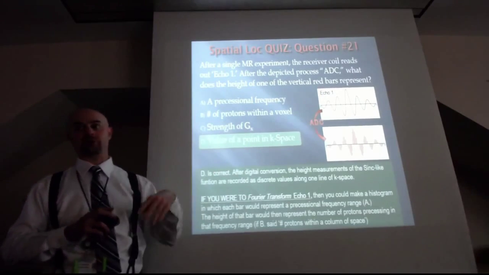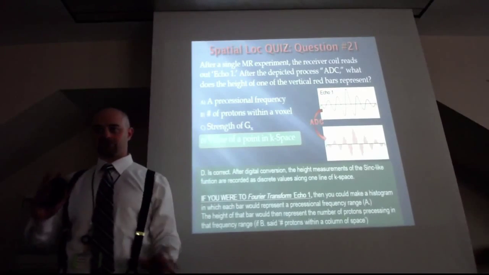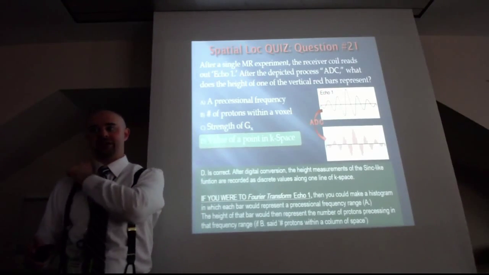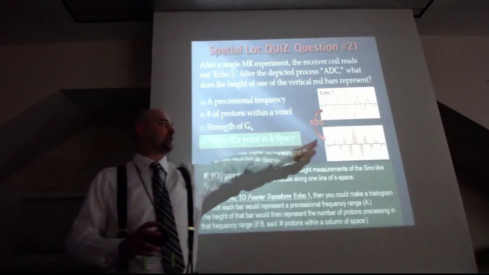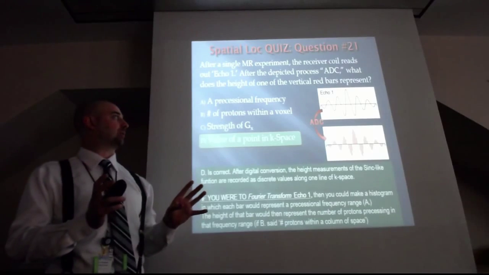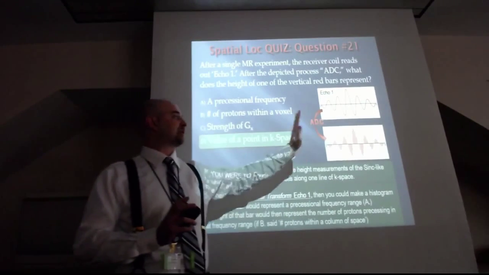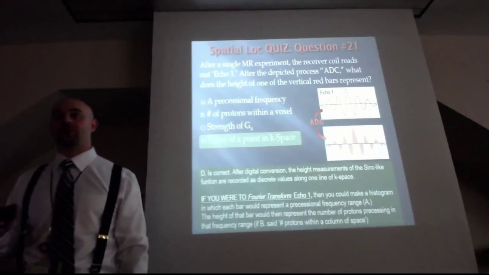Strength of GX has nothing to do with it. You guys knew that. The number of protons within a voxel, that's never going to directly be the case, right? Because each point in k-space actually is relevant to every single pixel on the image, which we'll learn about later. And a precessional frequency, that's also incorrect.